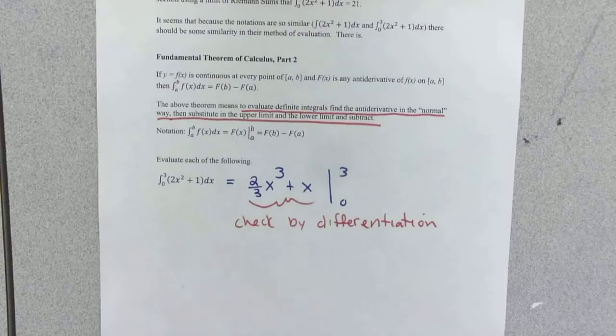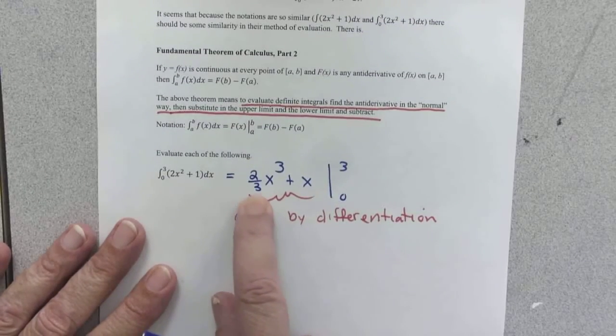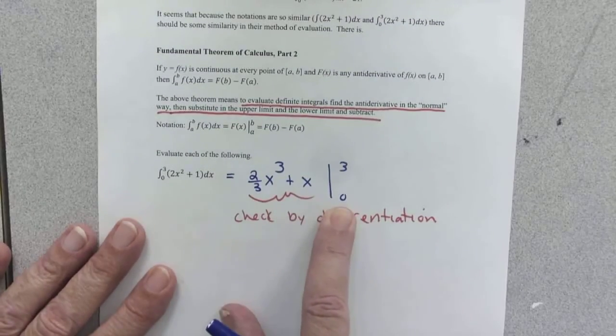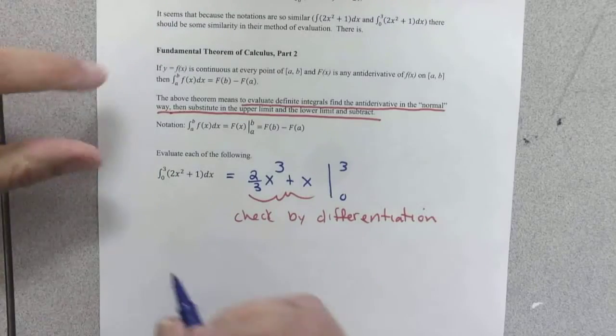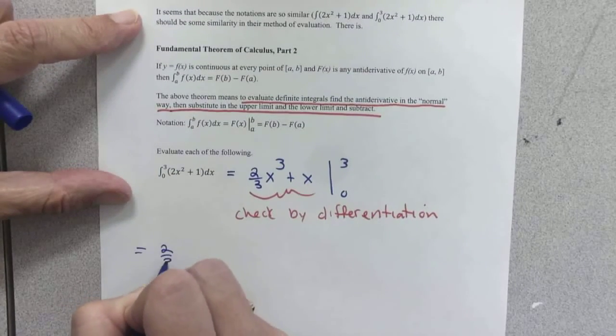Now you don't have to show me the checking, but on these simpler ones, if you can just look at it and say, yep, if I take the derivative of that, I get 2x squared plus 1, you know you're on the right track. So this is saying 2/3 x cubed plus x evaluated from 0 to 3, and now I do the evaluation.